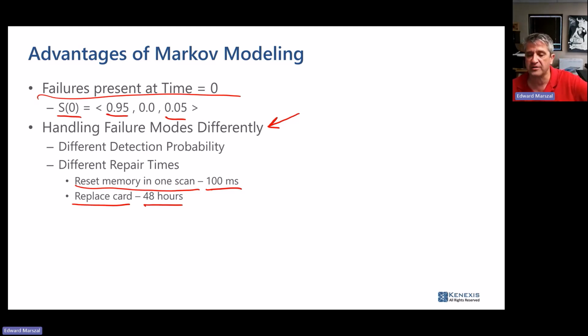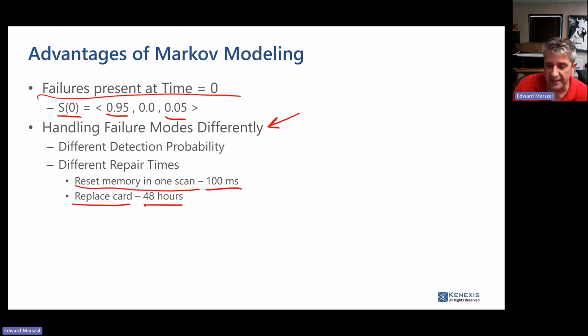So they are going to create extremely complex Markov models to perform these calculations that have lots of redundancy, lots of different failure modes, lots of different detectabilities, and lots of different repair rates depending on what the failure mode is. So that's why you go to a logic solver, and if they have a certified device, you ask them how they calculated the probability of failure on demand.